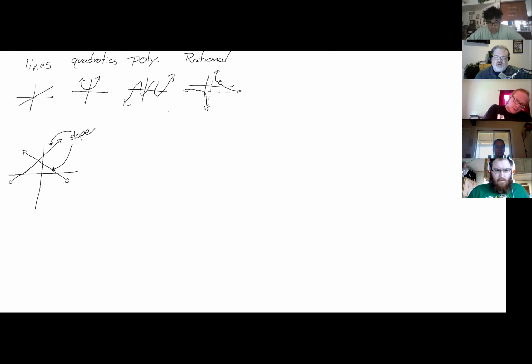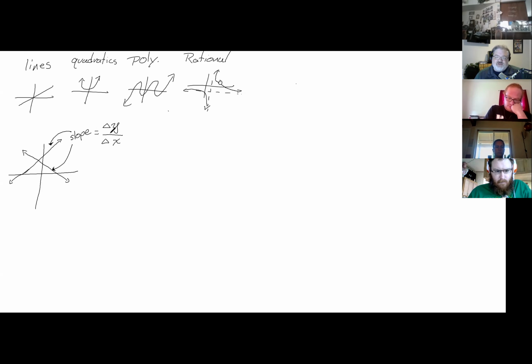We'll talk some more about slope for lines specifically when we get into chapter 2, but that idea of slope being the change in y in ratio to the change in x is a common way for us to express this rate of change.